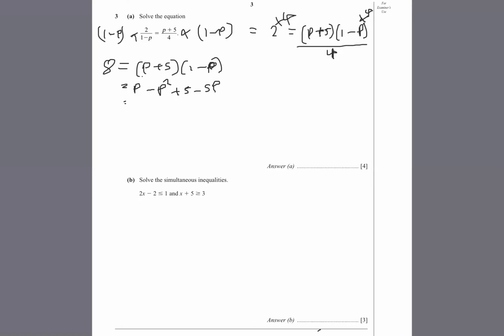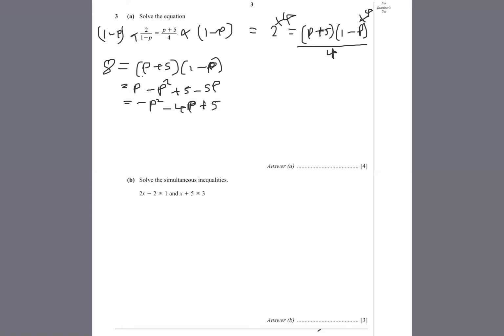Collect like terms, we have this and this, which look the same, right? So we have minus p squared minus 4p plus 5.